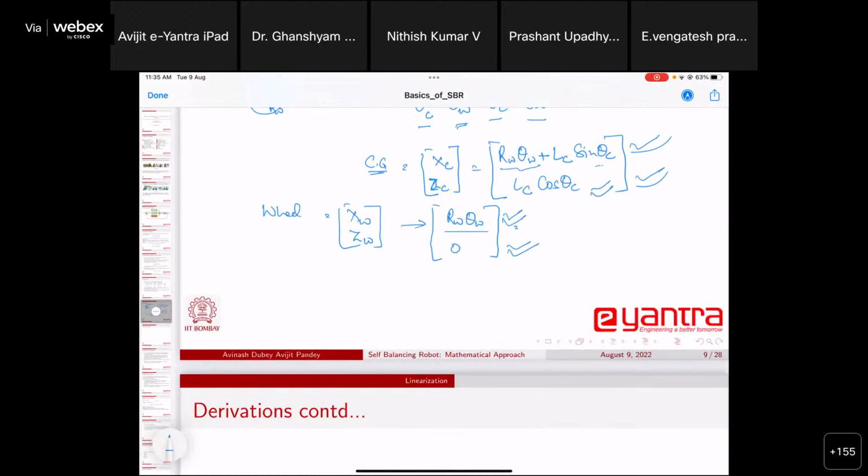Now, if you remember the Lagrangian function which we made, it was kinetic energy minus potential energy, correct? Now, here we have two things: one is the wheel, another is the body. So we will split these into two parts: kinetic energy of the body plus kinetic energy of the wheel, minus potential energy of the body, minus potential energy of the wheel, correct?